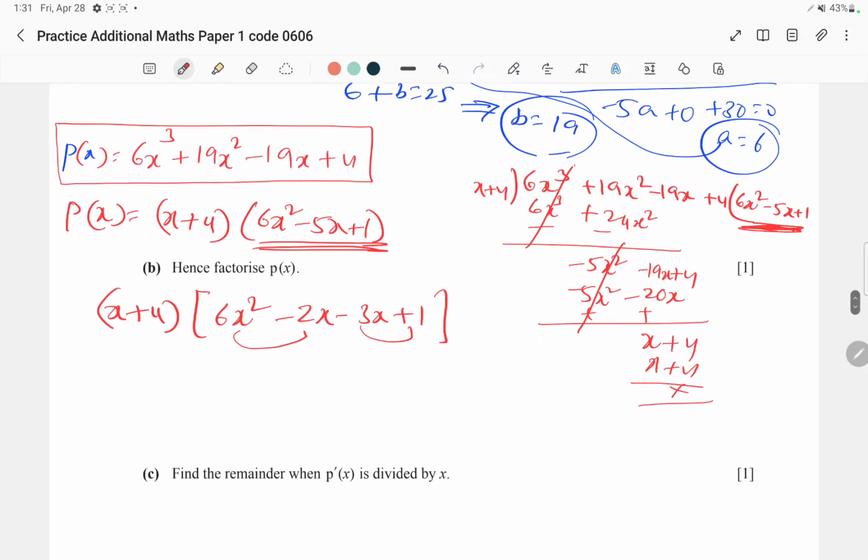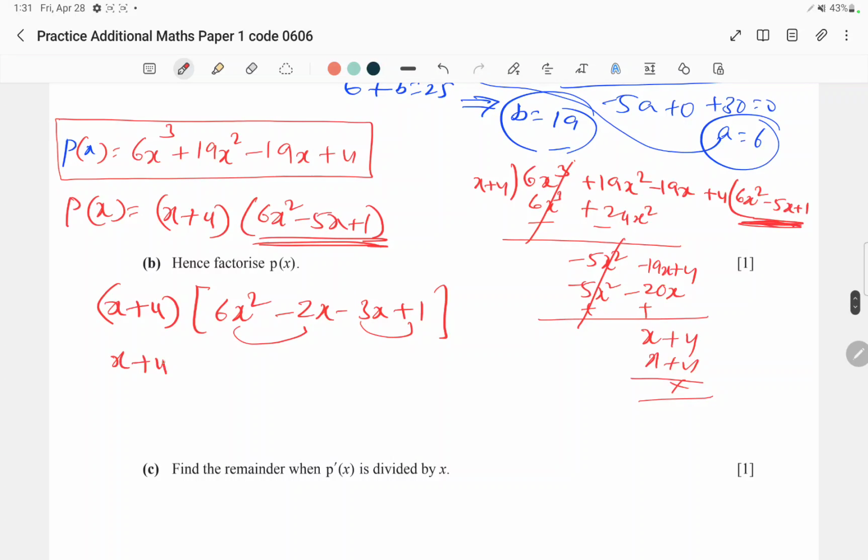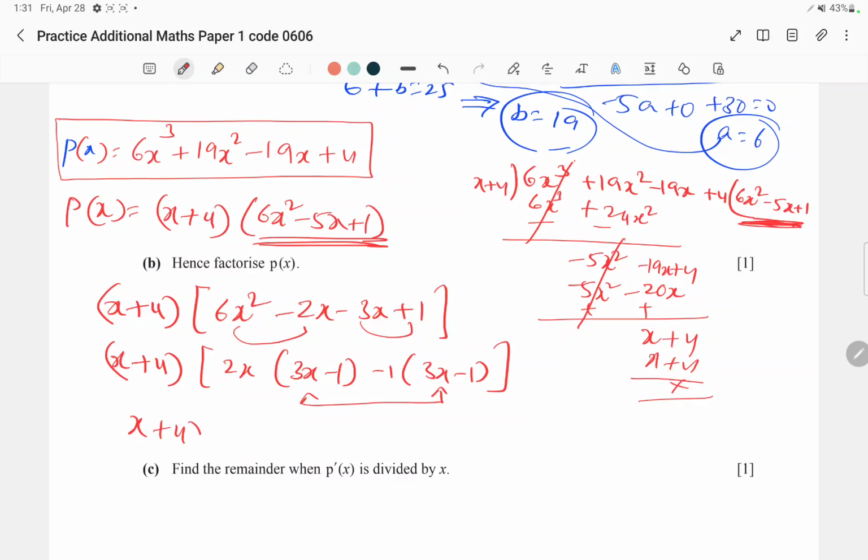Now we can take common from these two. So x plus 4, and here you can take common 2x, then this is 3x minus 1. Take minus 1 common here, then this is 3x minus 1. Now again you can take common 3x minus 1. So x plus 4, then 3x minus 1, and then 2x and minus 1 left. So 2x minus 1. So this is your factorization.